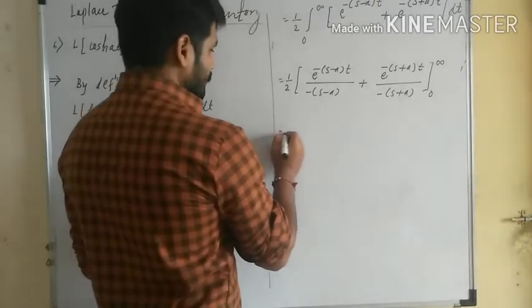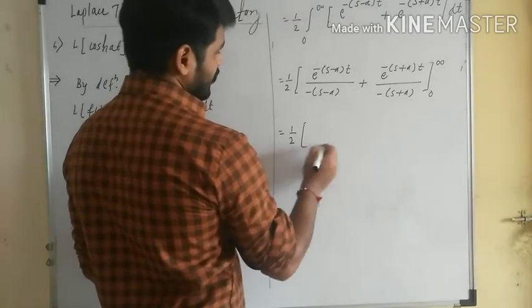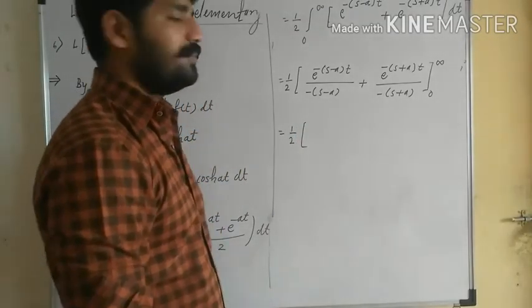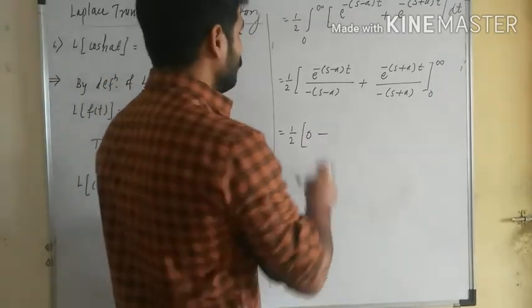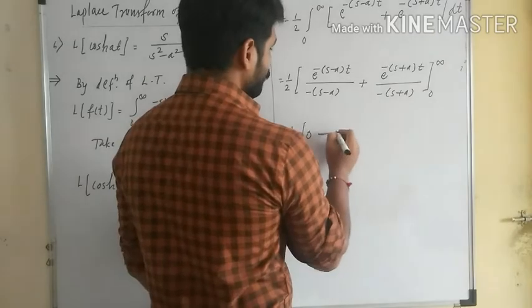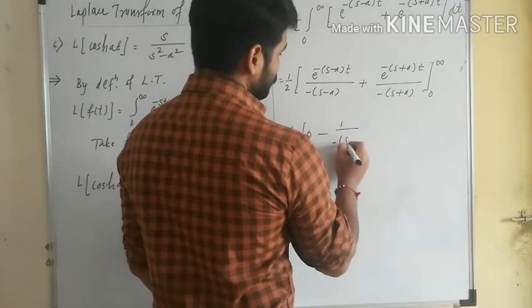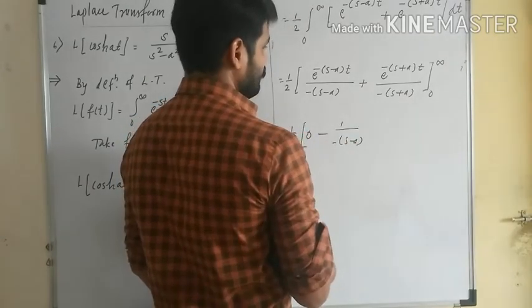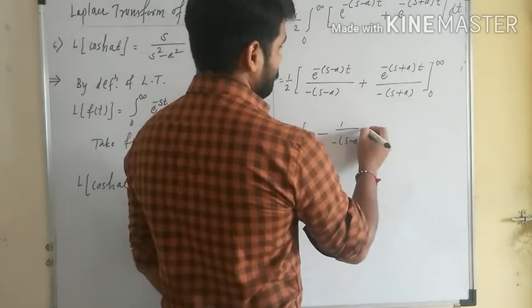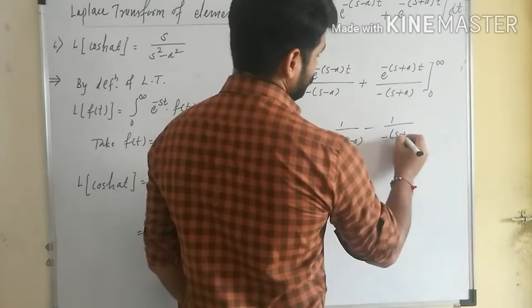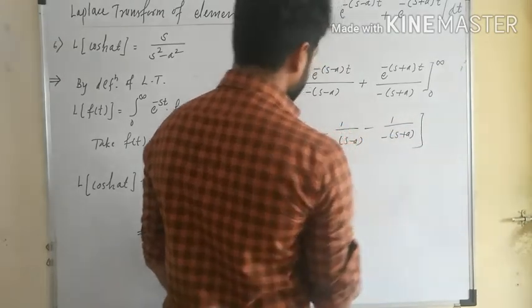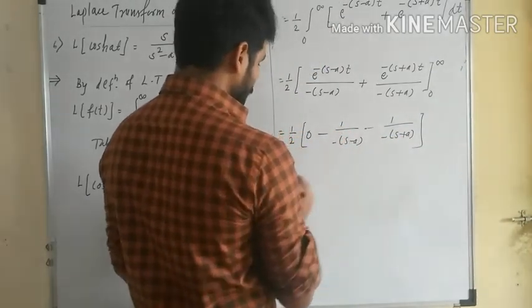Now substitute the upper limit as well as the lower limit. If we put the upper limit, we get 0, minus, if we put the lower limit, we get 1 upon minus s minus a, and here minus 1 upon minus s plus a, bracket close. This minus minus and this minus minus give plus.